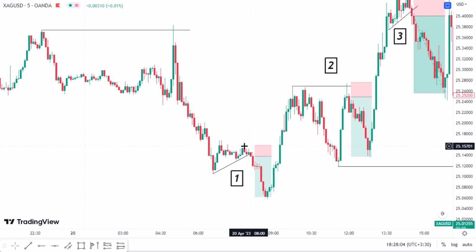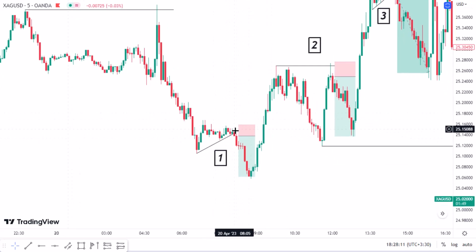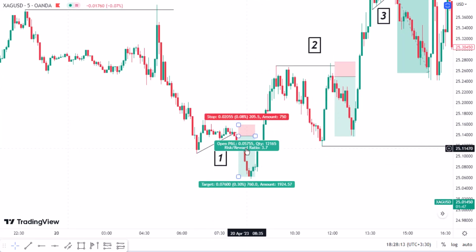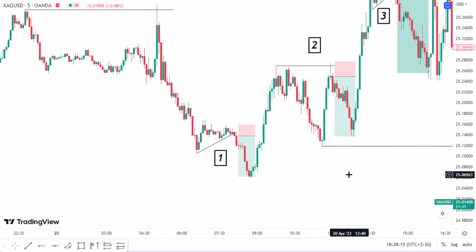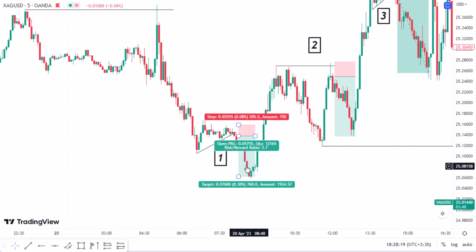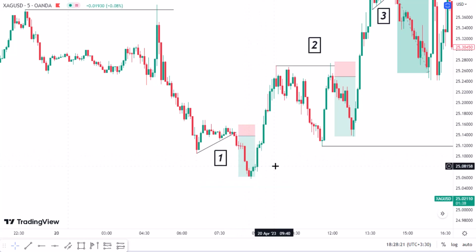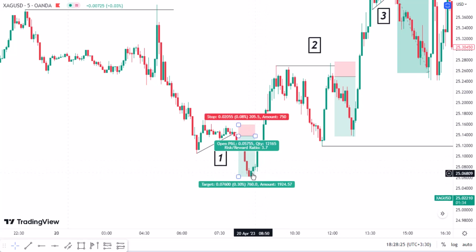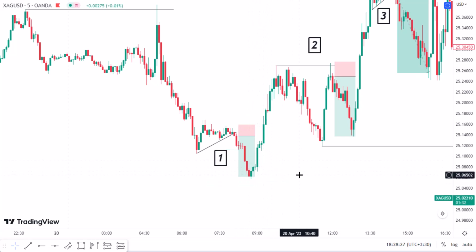We can put our stop loss here or even here, because it is near to our entry point and our risk won't be big. And it gives us something around risk to reward 3.7 here. And when we see that green candle, we can close our position.